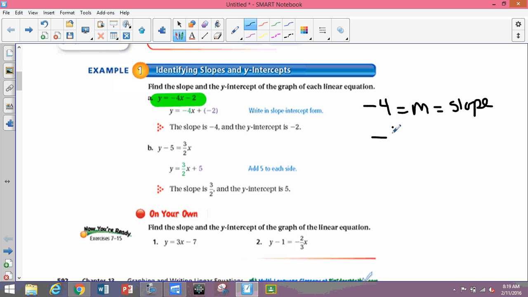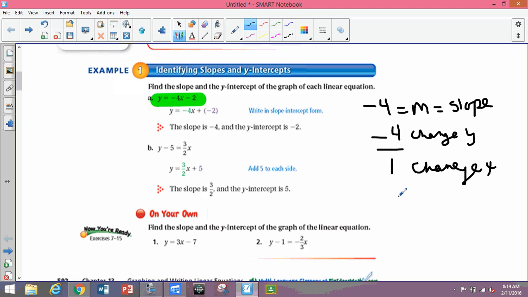So that really means negative 4 over 1. So your change in y is down 4. Negative means down, okay? Your change in x would be over to the right 1, okay? That's what that means.